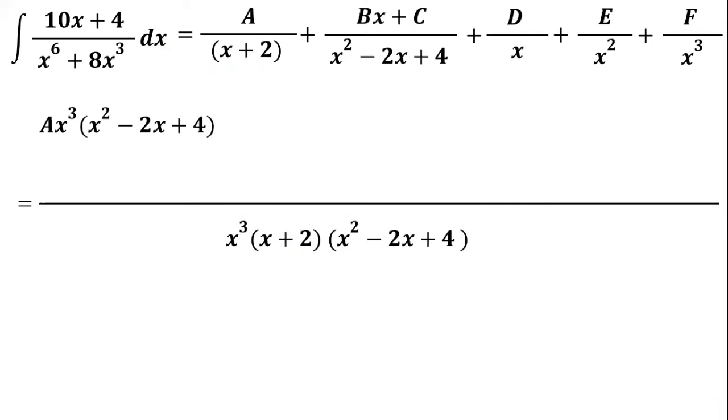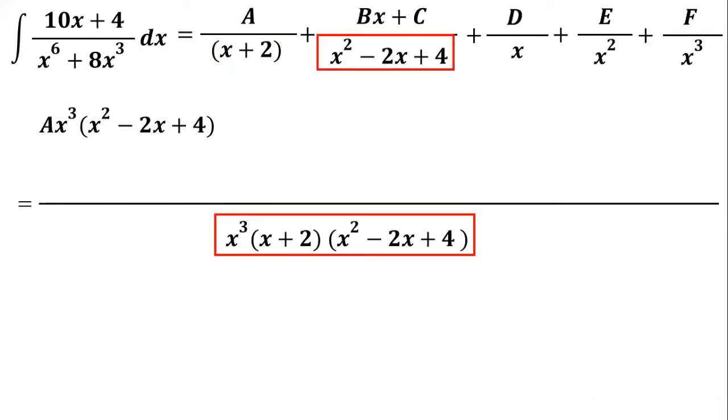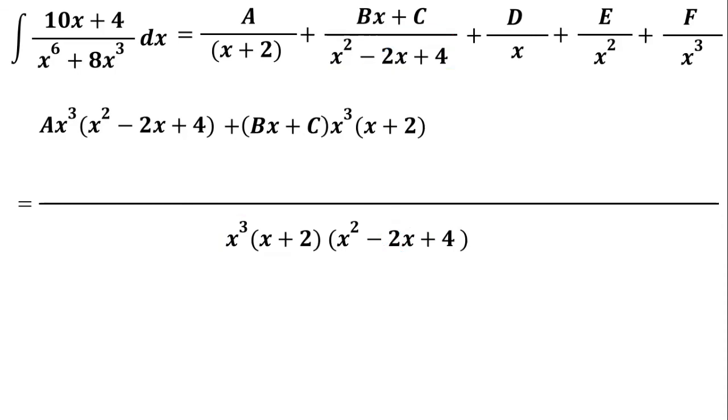Similarly, we are going to compare the next denominator with the common denominator, and the missing part is x power 3 and the small bracket. So the answer will be numerator bx plus c times the missing x power 3 times the small bracket. Similarly, we compare the denominator x with the common denominator.